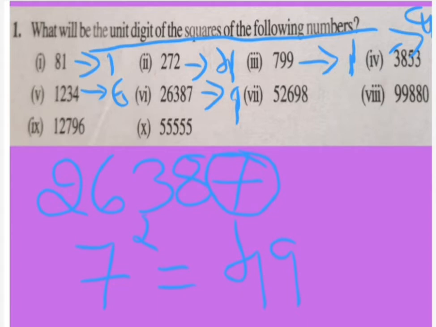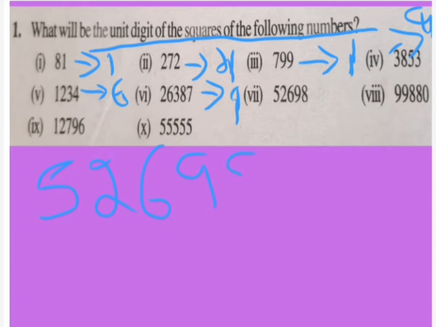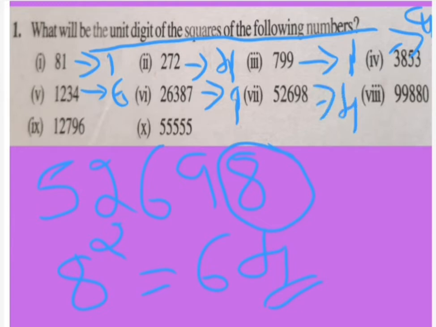Now the next question, I think directly we can do it: 52,698, having 8 in the unit place. 8 square is equal to 64. Check the unit place of this number. So the square of this number has 4 in the unit place.